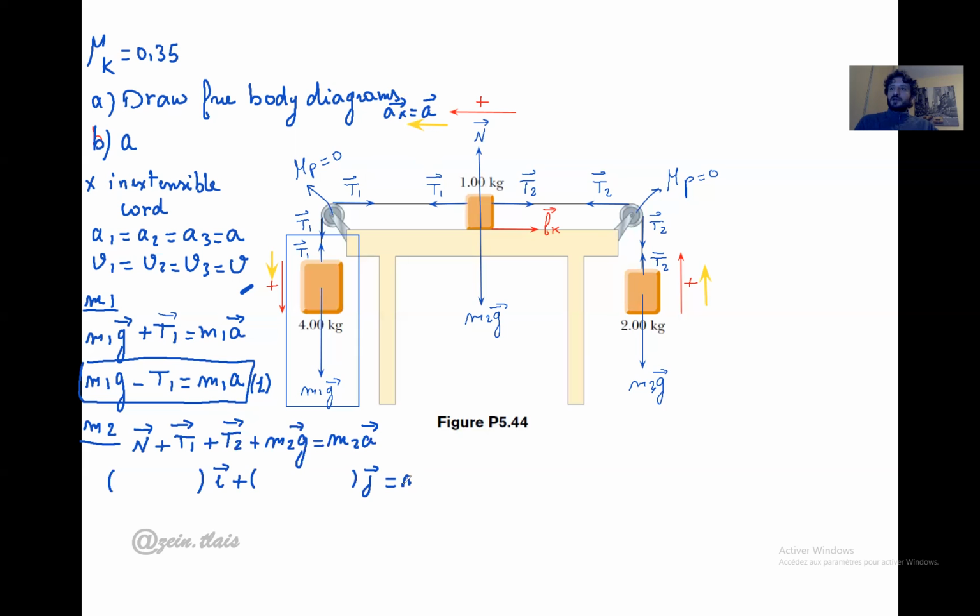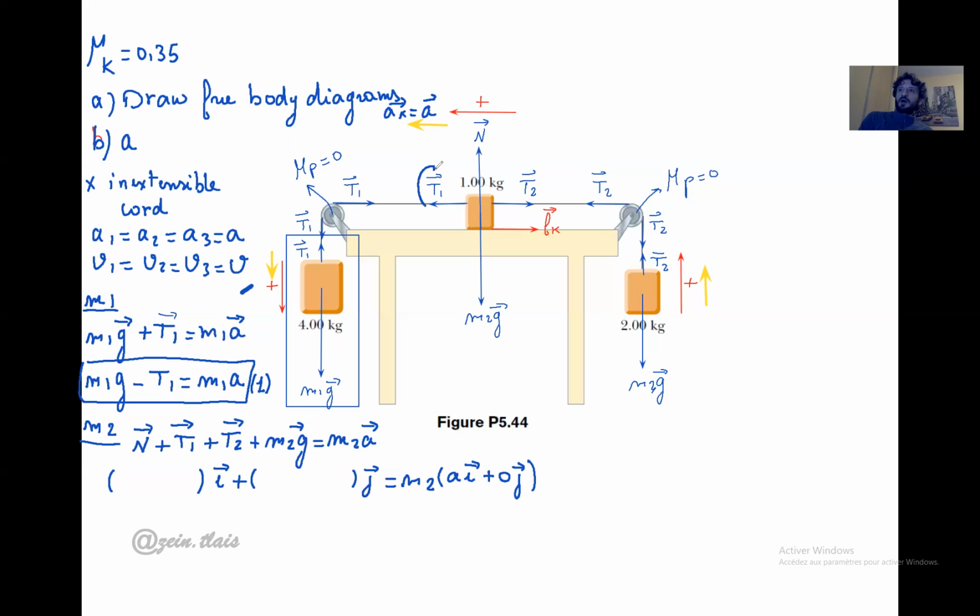So we have to write M2 times A i plus 0 j.